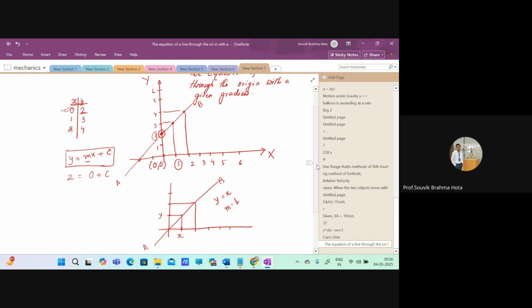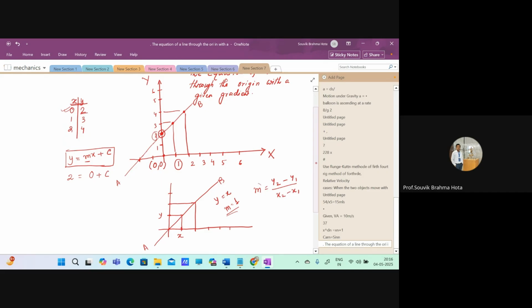Now, generally, how does this m become 1? We know m is nothing but y2 minus y1 divided by x2 minus x1. As x1 and y1 are both at the origin, you can consider one point at the origin.